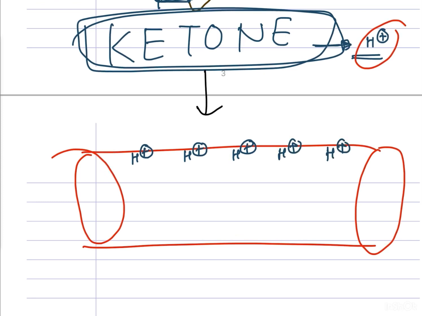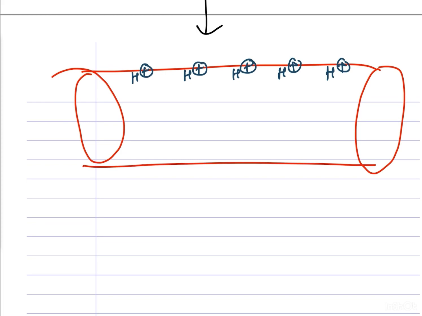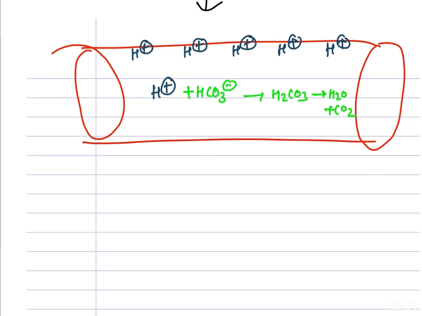Now this H plus ion will bind with HCO3 present in the body and will form H2CO3, which will result in H2O plus CO2.